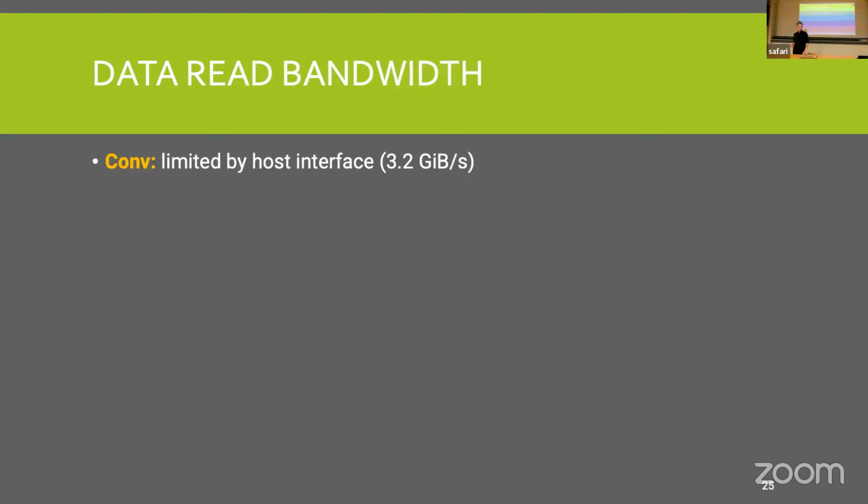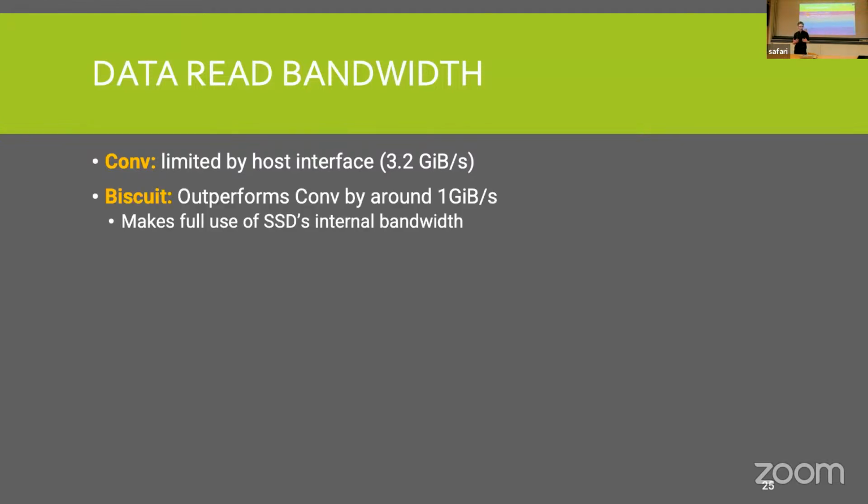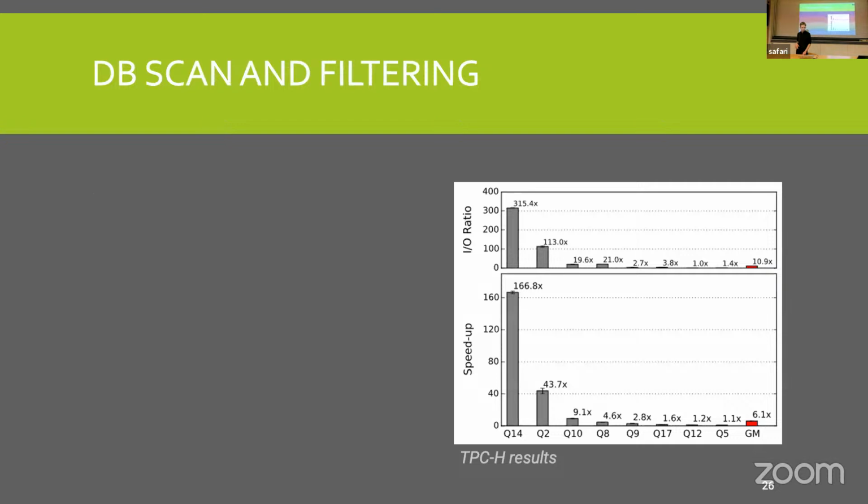Data read bandwidth, in case of the conventional system, is limited by the host interface, which in this case was 3.2 gigabits per second. And Biscuit could outperform this by up to 1 gigabit per second because the internal bandwidth of the SSD is much higher. Or by about 1 gigabit.